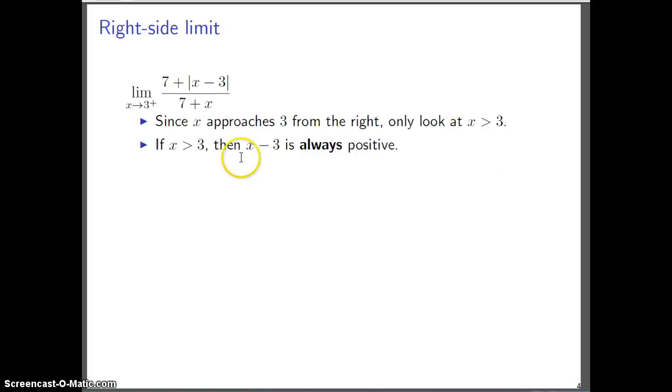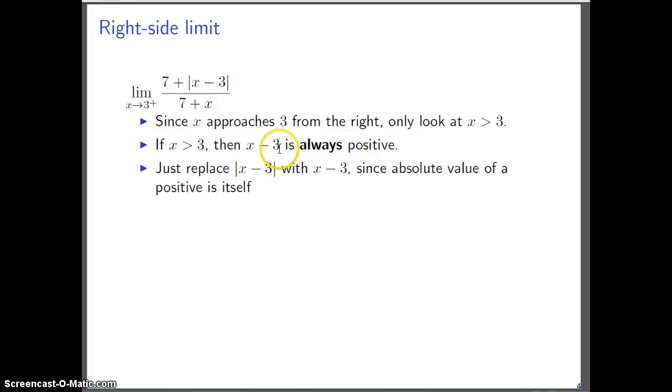And since x is bigger than 3, x minus 3 is always a positive number. Just think about this: you could pick x as 4, and 4 minus 3 is positive 1. You could even pick x very close to 3, like 3.001, then 3.001 minus 3 is 0.001, but the point is that you do get a positive number out.